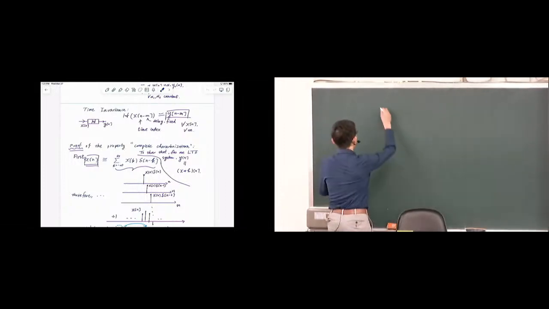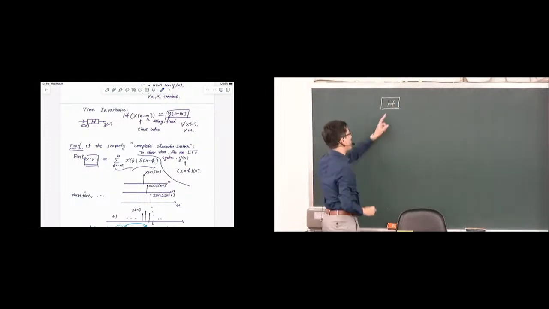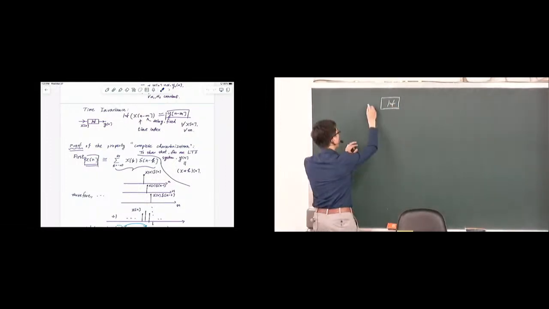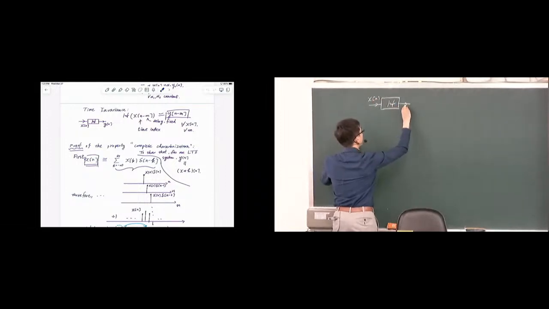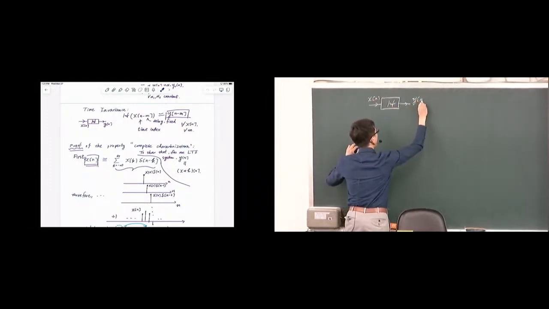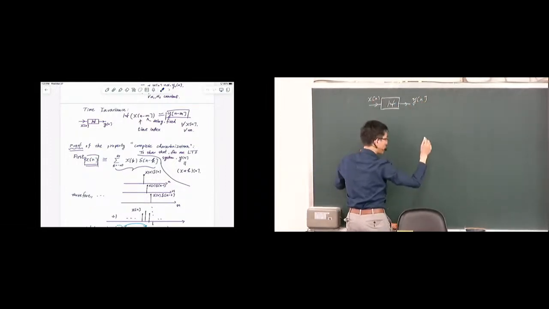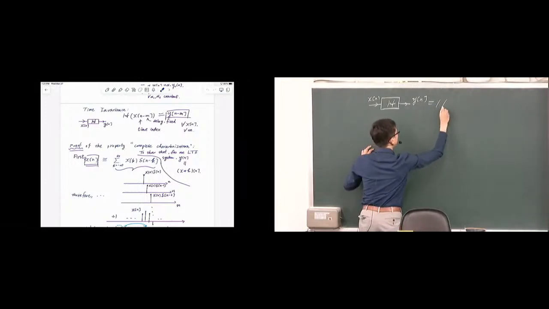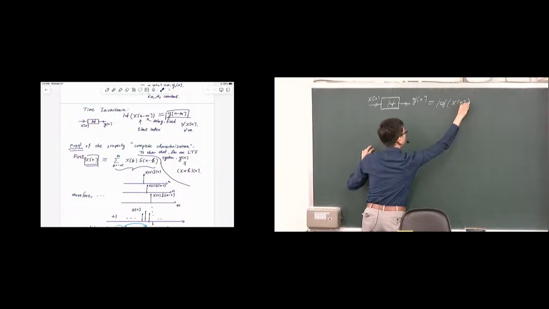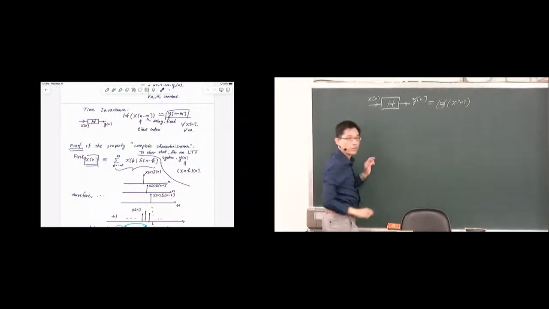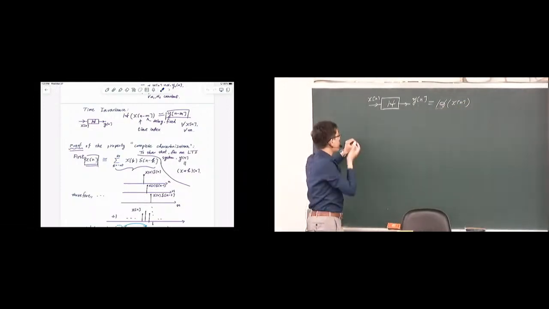Namely, if the system is denoted by the letter H, we have the input X, and the output is denoted by Y, where we write y[n] equals the output that the system produces. Okay, that's our notation. And what is impulse response?